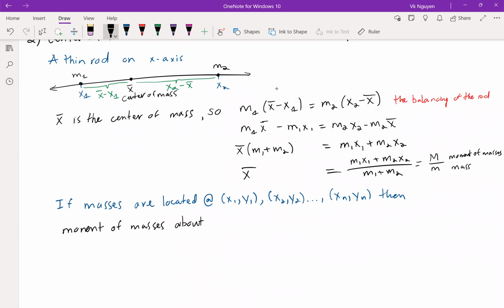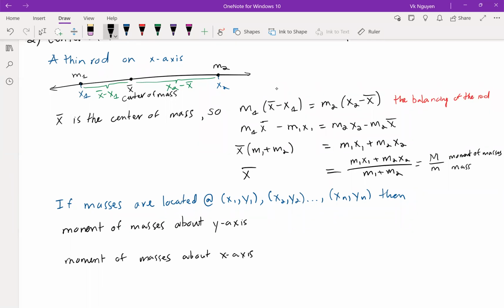So about the y-axis, you're going to have to sum them all up.